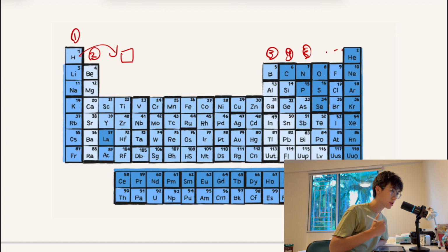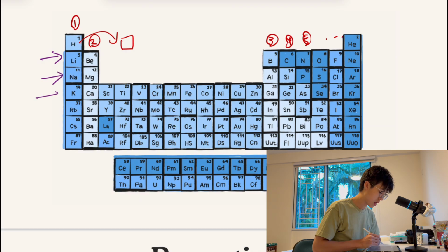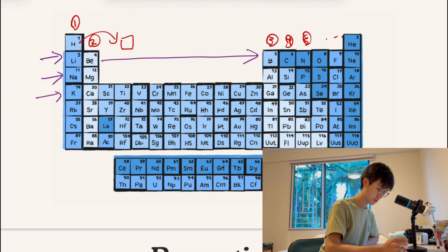And if we look into the periods, which are the rows, so this would be a period, this would be a period, this would be a period, and as you move along a period, you get the same trends in the changes of chemical properties and physical properties.